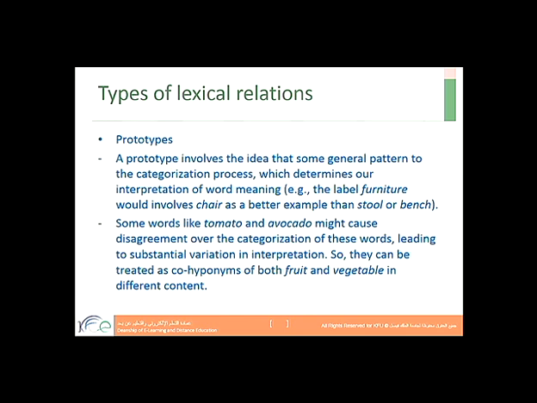Again, we are still continuing to talk about prototypes. A prototype involves the idea of some general pattern in the categorization process, which determines our interpretation of word meaning. For example, when I say furniture, the first word which comes to our mind is chair. So not couch or stool or bench.